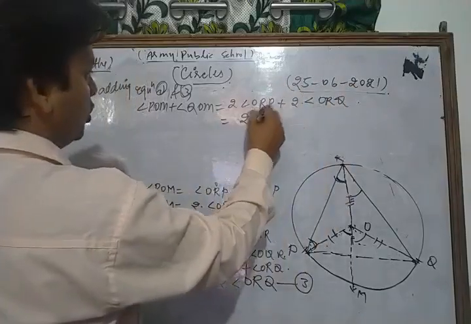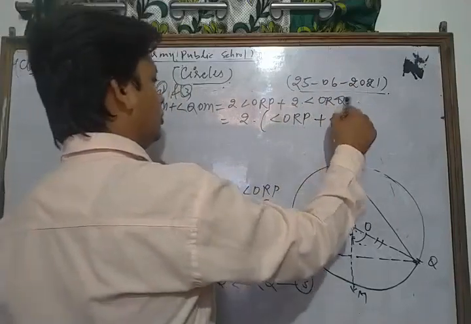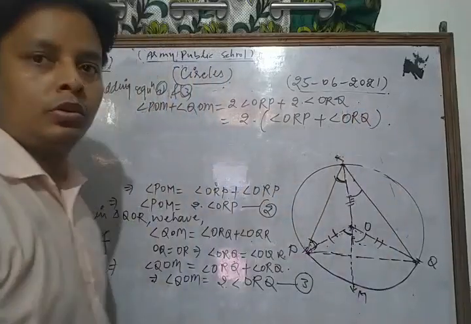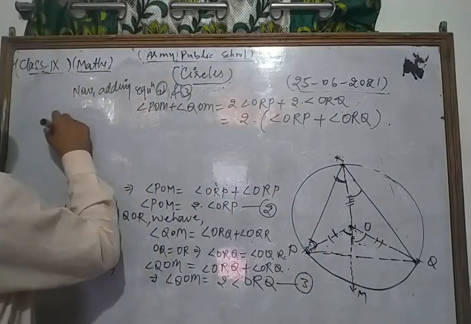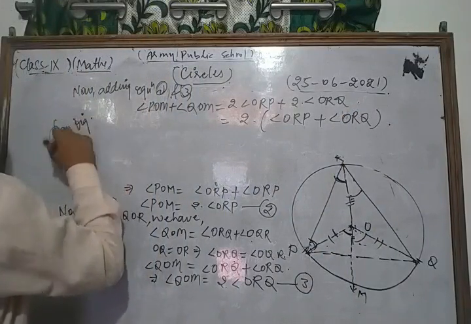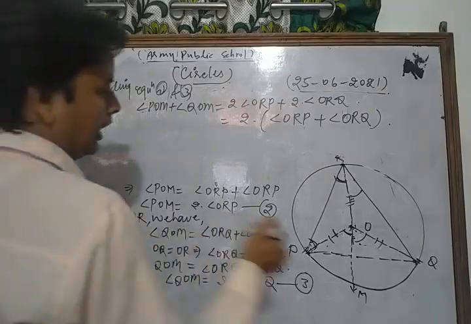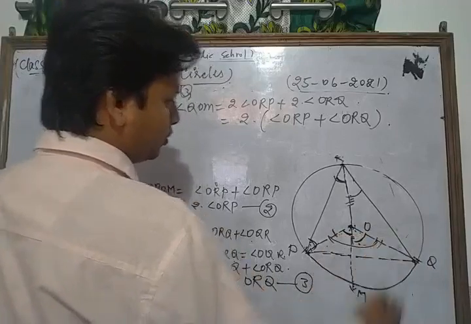Now we take 2 as common, so angle ORP plus angle ORQ. From the figure, angle POM plus angle QOM is angle POQ.